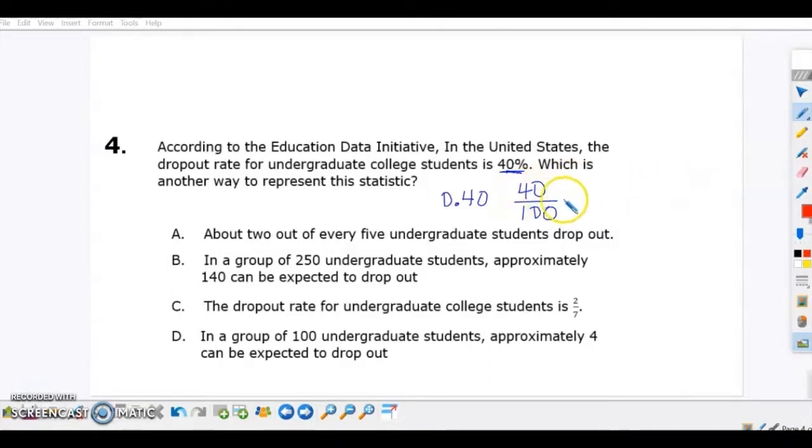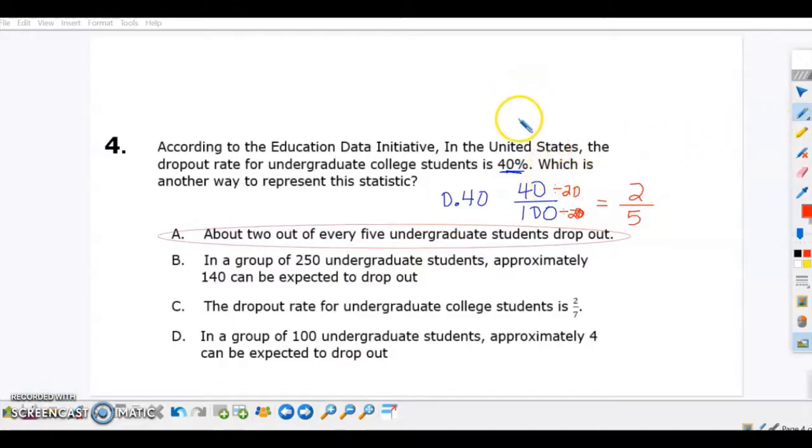We would need to see if we reduce this fraction whether it equals 2 out of 5. If you do not have a calculator, you should know that you could divide both of these by 20. If you do that, it gives you 2/5. So 40% is the same as 2/5. That's why that's the same as saying 2 out of every 5 drop out.